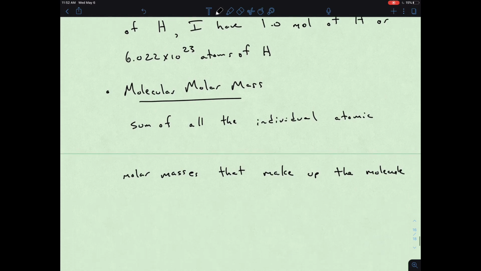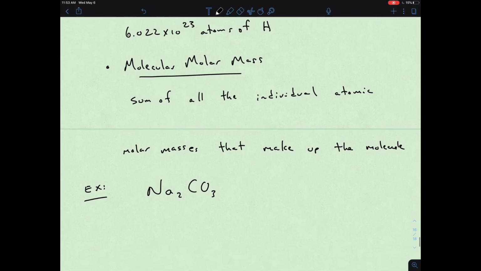So as an example here, we could look at sodium carbonate. There's our nomenclature again, CO3 carbonate, so -2 charge, and then we have those 2 sodiums that are +1.